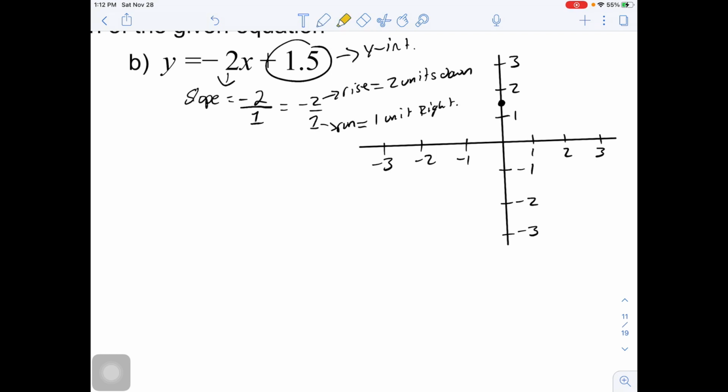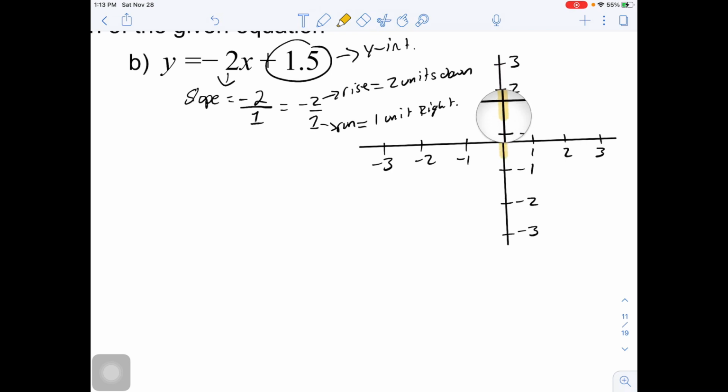So we can figure out where our next point would be, starting at our y-intercept. We're going to go 2 units down, so 1, 2, and then 1 to the right. Oh, just hang on, that was actually not quite right, because 1 unit down, here we're at 1.5, so 1 unit down would be 0.5.